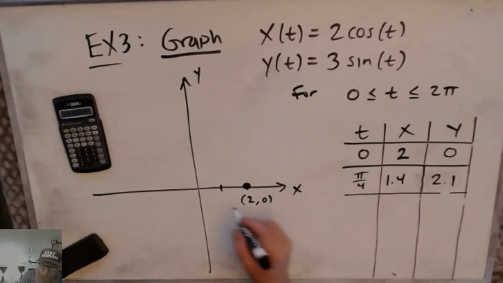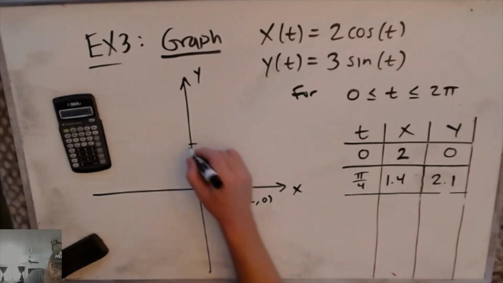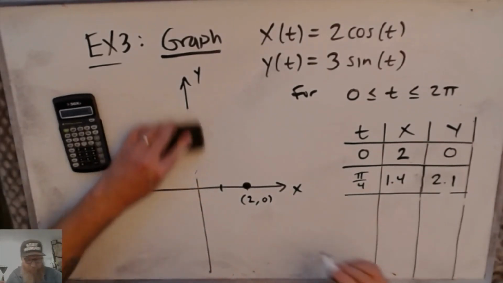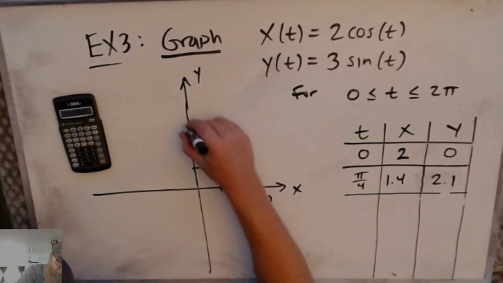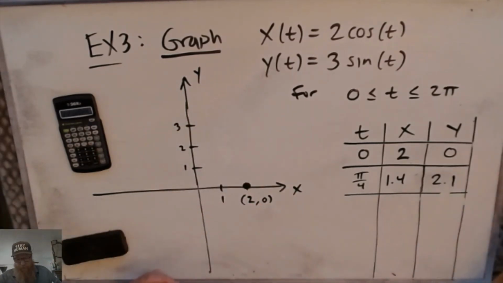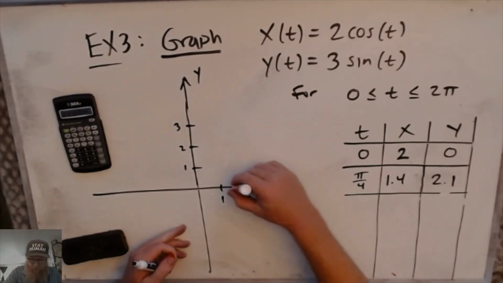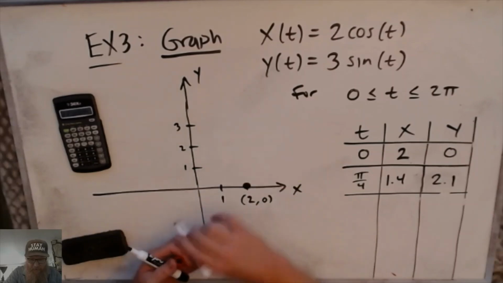So you've got 1.4 and 2.1. I'm going to try to draw my graph to scale. So I've got 1.4 and 2.1, so right about here.